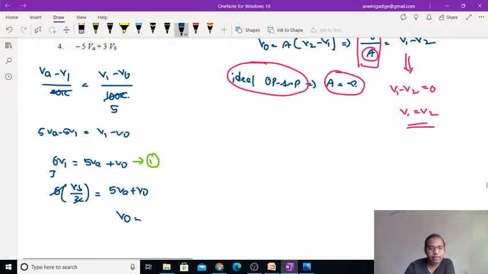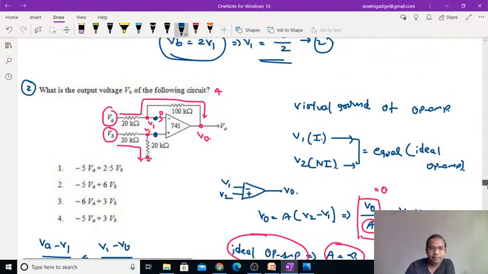Now finally V0 becomes minus 5VA plus 3VB. So it is the final answer, minus 5VA plus 3VB. So the fourth option is the correct one.